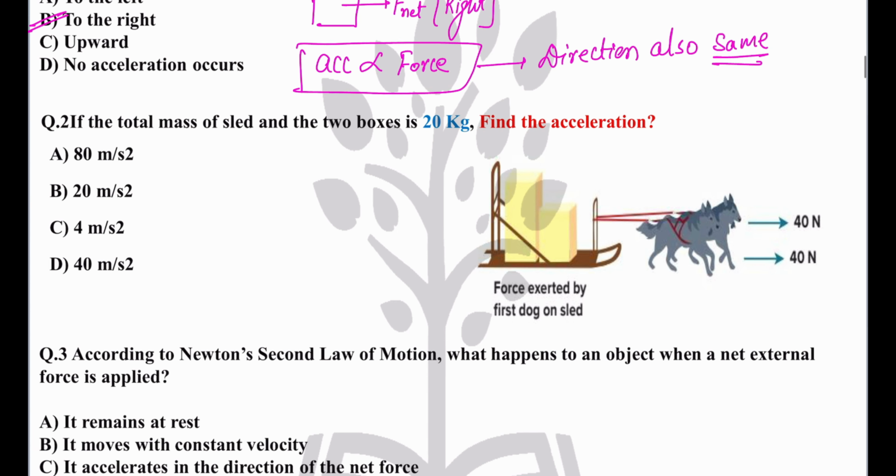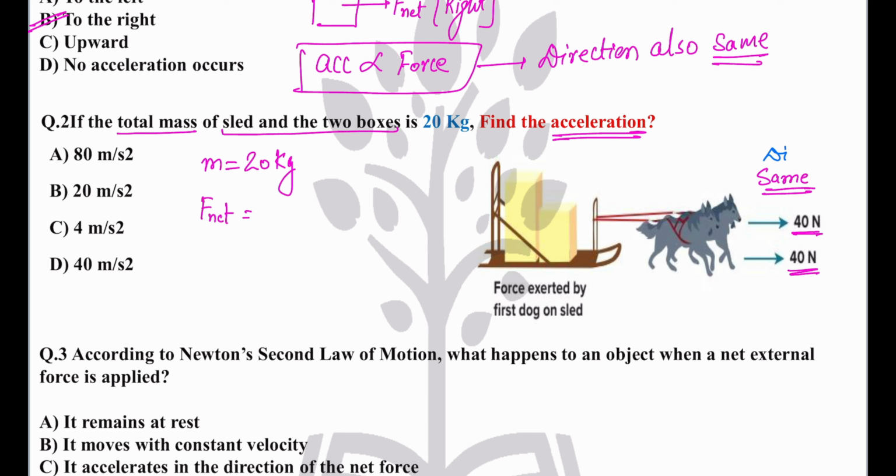Next question. If the total mass of the sled and 2 boxes is 20 kg, find the acceleration. I can see here 40 Newton, 40 Newton. So what is the F net? First see, both are in the same direction. Yes or no?